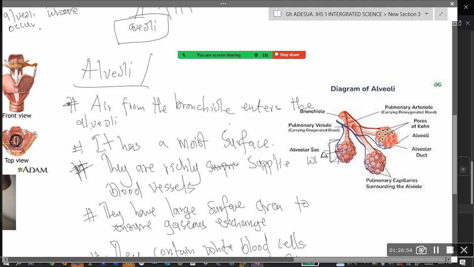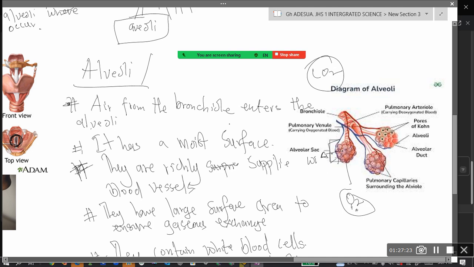So that is how the gaseous exchange occurs. The blood gives carbon dioxide to the alveoli, and we will breathe it out. Anytime we are breathing out, it is carbon dioxide, and anytime we are breathing in, it is oxygen.